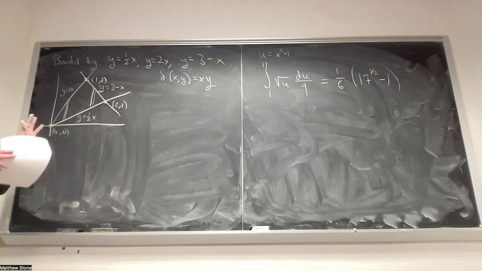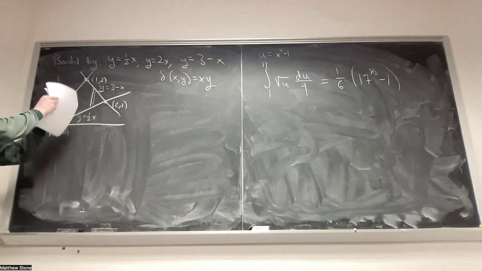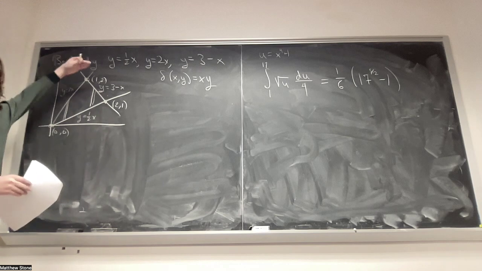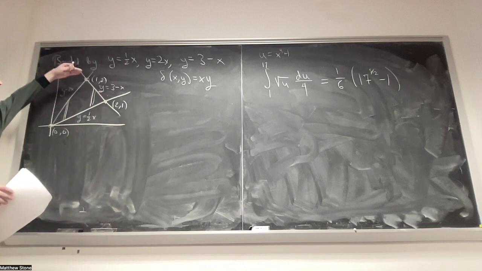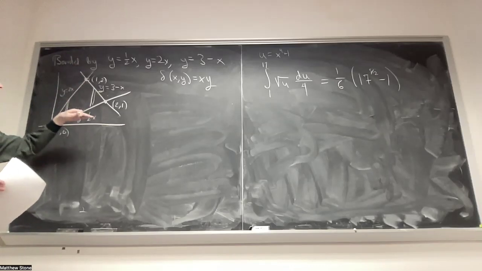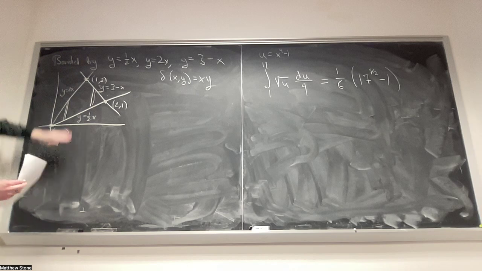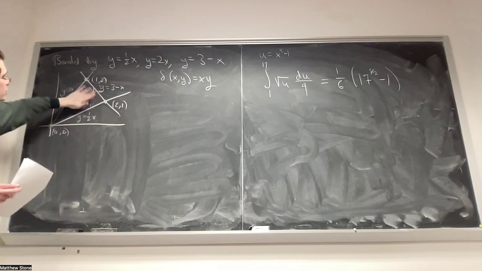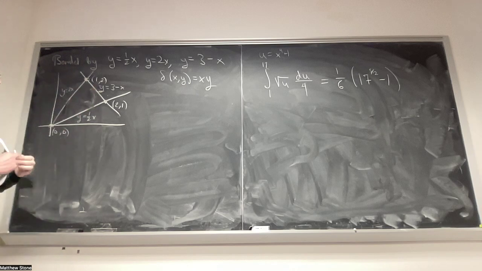And so that means there's no way to write this as the integral over one function to another function, because it changes which function you have as your top halfway through. The same exact problem occurs if you try to use horizontal slices.